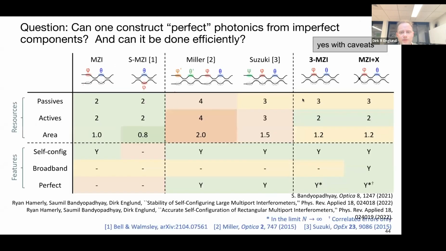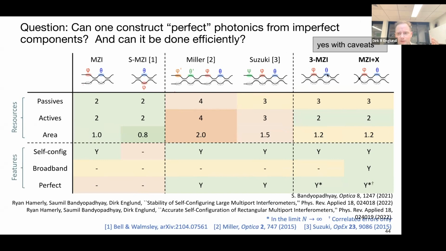And here's a compendium of recent work from the community on making, quote unquote, perfect programmable optical systems out of imperfect hardware. The fab can never be perfect, and so at some scale, it will always destroy you. But if you have some error correction schemes, you can live with it asymptotically.